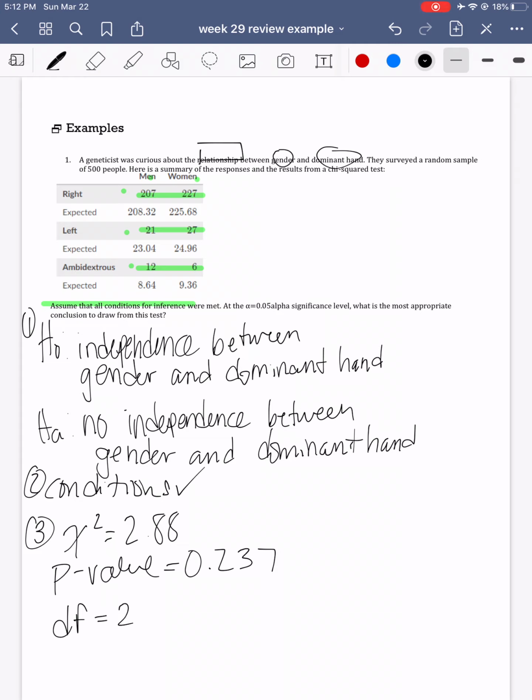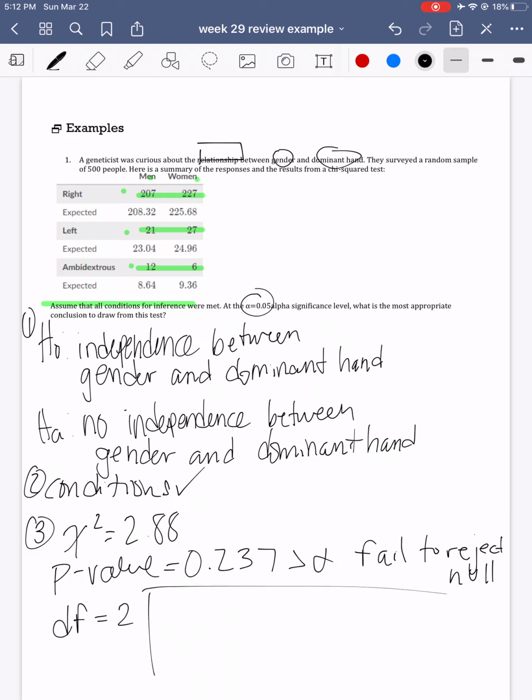So I need my alpha, which was 0.05. So this p-value is definitely greater than alpha. So I'm going to fail to reject my null. And let's just go ahead and write our conclusion.